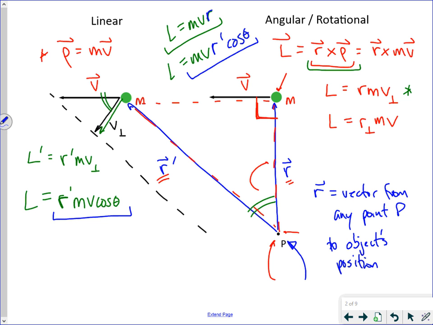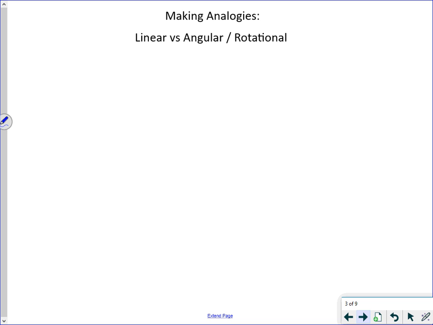At a very basic level, as long as nothing happens, angular momentum is conserved. It's constant. We'll look at situations that aren't just an object moving in a straight line, but this is a good place to start with the idea that as long as nothing happens, angular momentum is conserved.